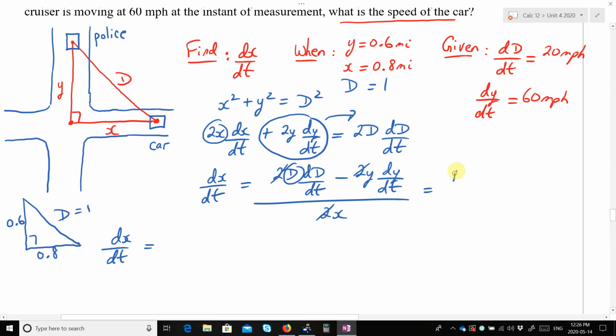So we're going to have 1 times dd/dt, which is 20 miles per hour, minus, what's the y? 0.6, and dy/dt is 60 miles per hour, all divided by x, which is 0.8 miles.